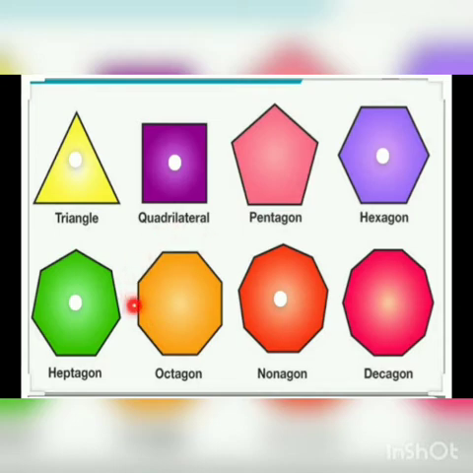And eight-sided octagon, nine-sided nonagon, and 10-sided decagon. I just show this for your information, but whatever is given in the textbook only you need to study. That is triangle, quadrilateral, pentagon, hexagon and octagon only that you have to study this year.